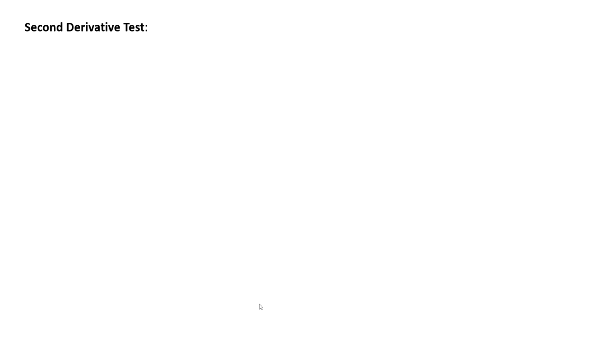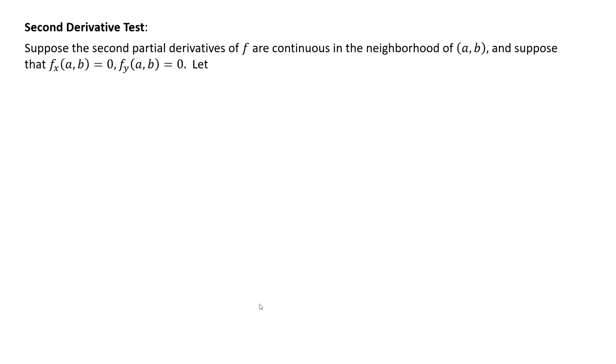And the second derivative test, yeah, this is an interesting one. Suppose the second partial derivatives of f are continuous in the neighborhood of (a, b). So you take the second derivatives and they exist, and not only that, they are continuous in the neighborhood of (a, b), let's say.